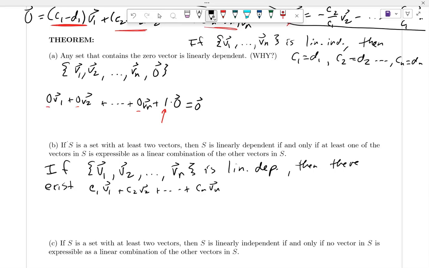Oops, I forgot a couple of words in there. There exists a linear combination of the zero vector with not all of the Ci equal to zero, right? Some of them might be, but not all of them, correct?